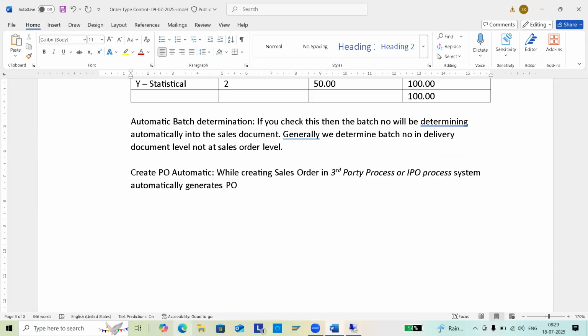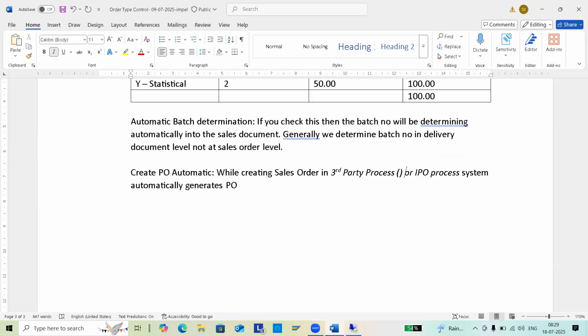Can anyone tell me what the item category of the third party process is? We have discussed this already. I'm asking item category, not item category group.